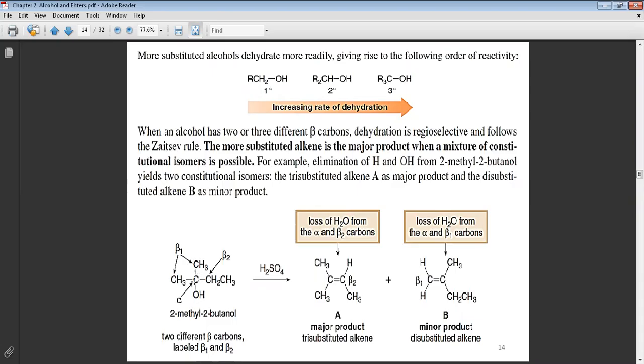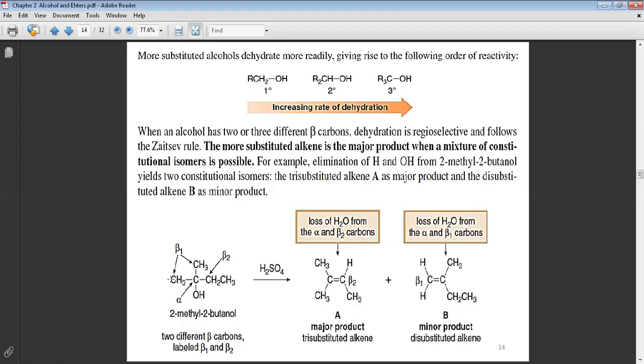Now, I want to focus. If I ask how many beta carbons we have, you have to say 3. But if I ask how many different types of beta carbon, you say two. This is beta carbon 1, and this one is like this, meaning beta carbon 2; these two are no different.